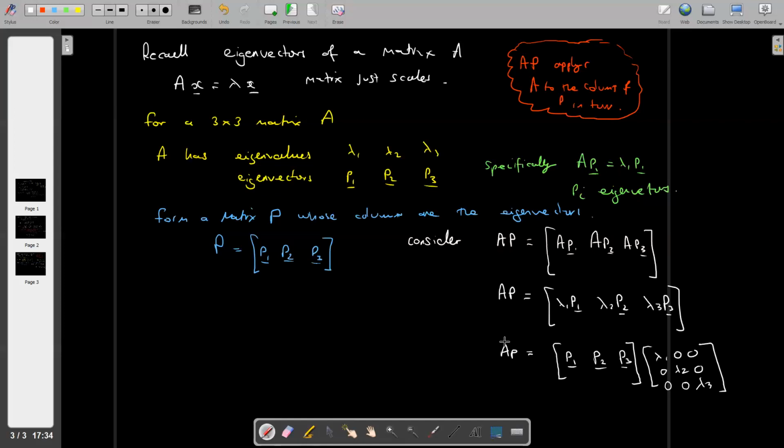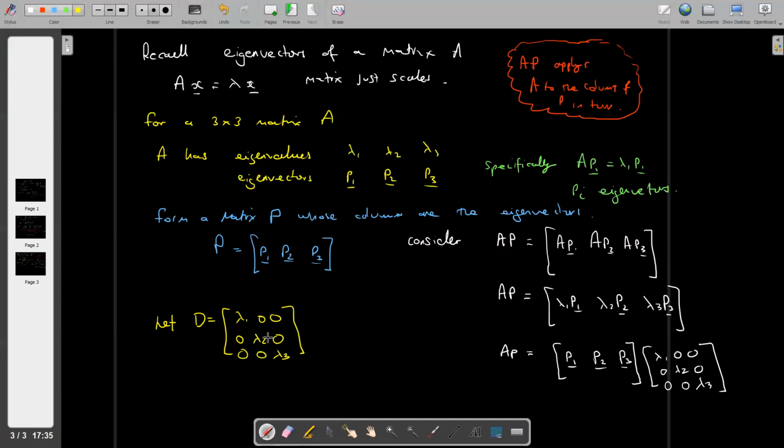Okay, so this matrix product AP is none other than the matrix P that we formed before, times this new diagonal matrix. So let capital D equal this diagonal matrix whose entries on the diagonal are the eigenvalues. If I write it like this, 0, 0, lambda 3.